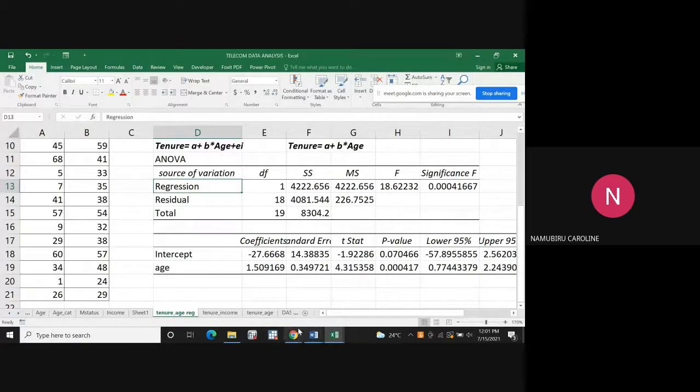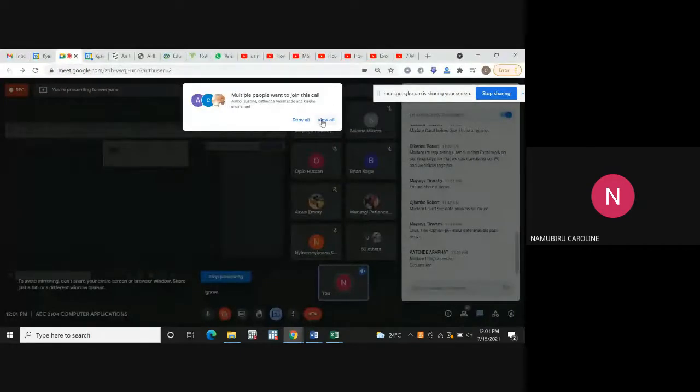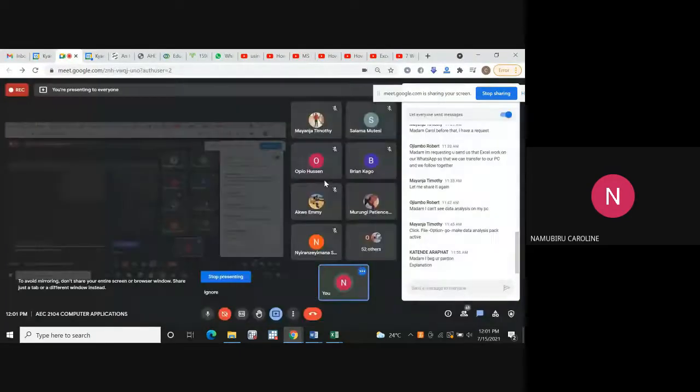I've tried to skim through this because I don't want to go through the details and keep you confused. But I'm going to finally explain the things you need to pick out of this regression. You can read more on the ANOVA, but that is what the ANOVA does.